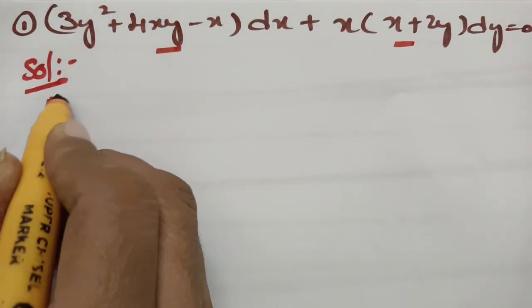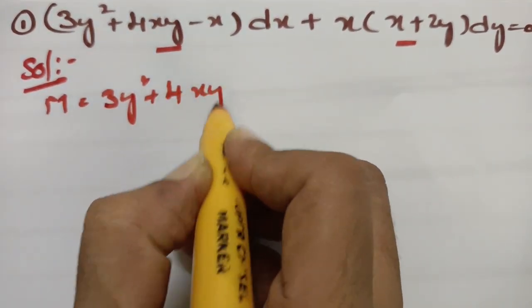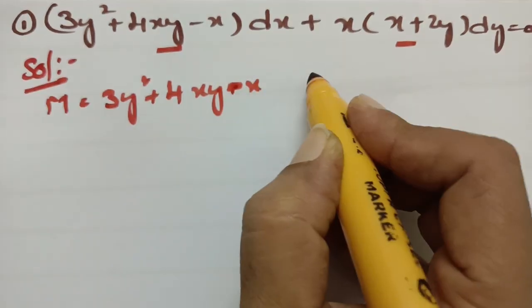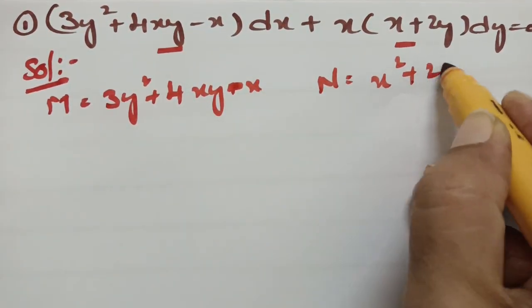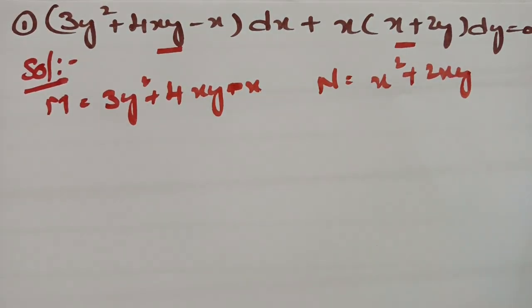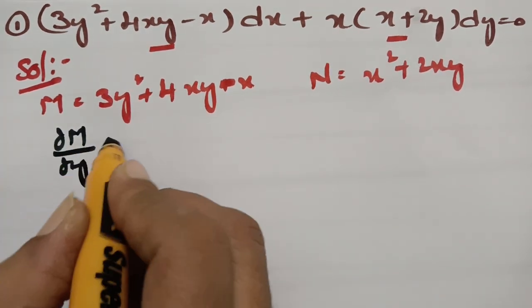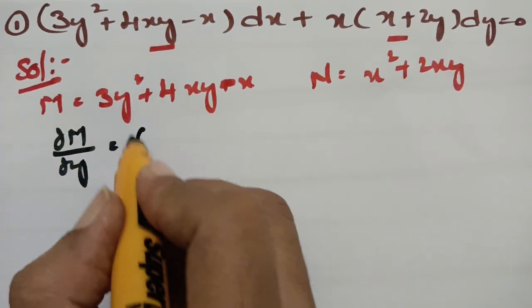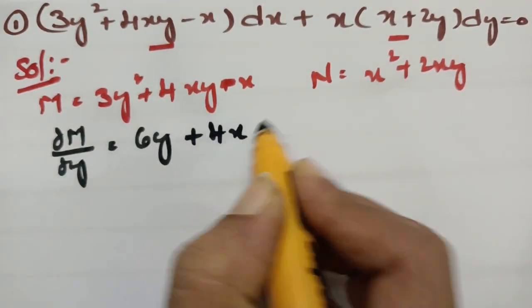So what is our M value? M is 3y square plus 4xy minus x. And what is our N value? If I multiply, this will be x square plus 2xy. Now consider dou M by dou y and dou N by dou x. If I differentiate with respect to y, this value will be 6y and this value is 1, so what remains here is 4x.